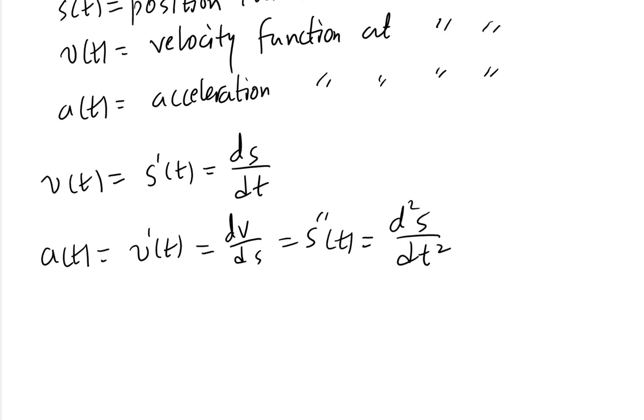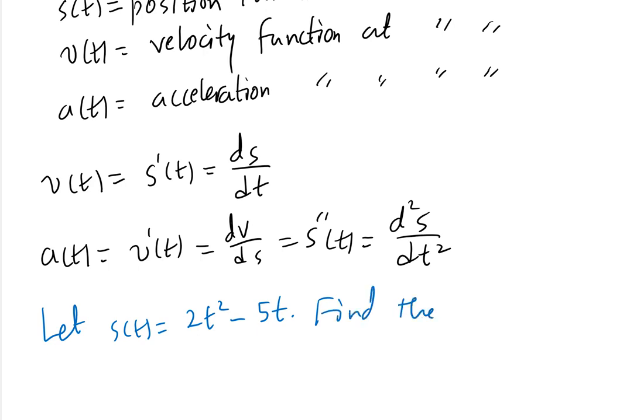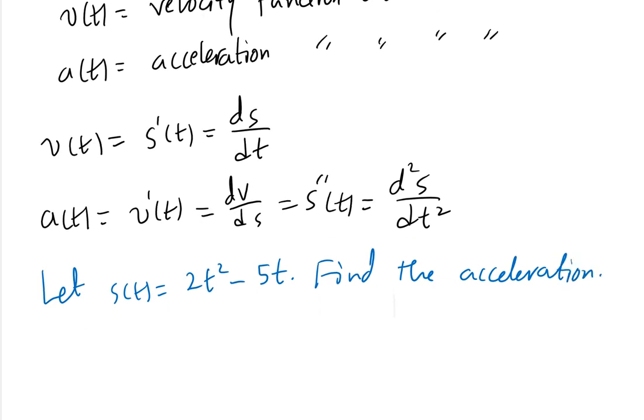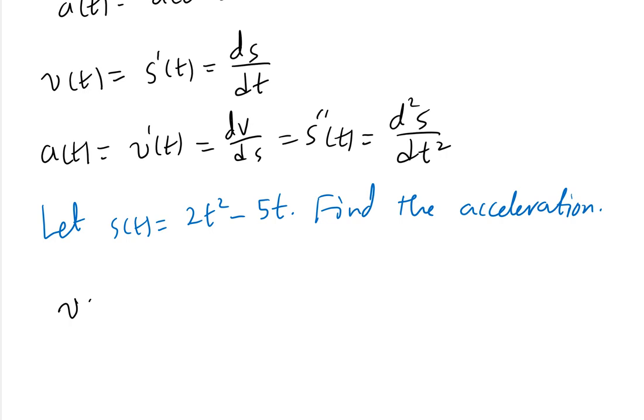To see an example, let s of t be 2t squared minus 5t. Find the acceleration. We first need to find v of t, then we find the acceleration from there.